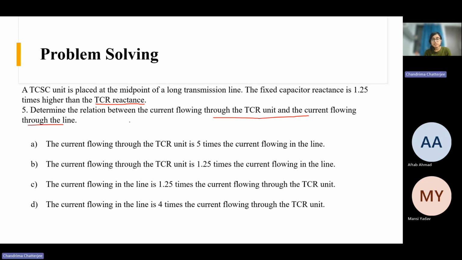It is given that XC, the reactance of the fixed capacitor, is equal to 1.25 times XTCR. It is given.